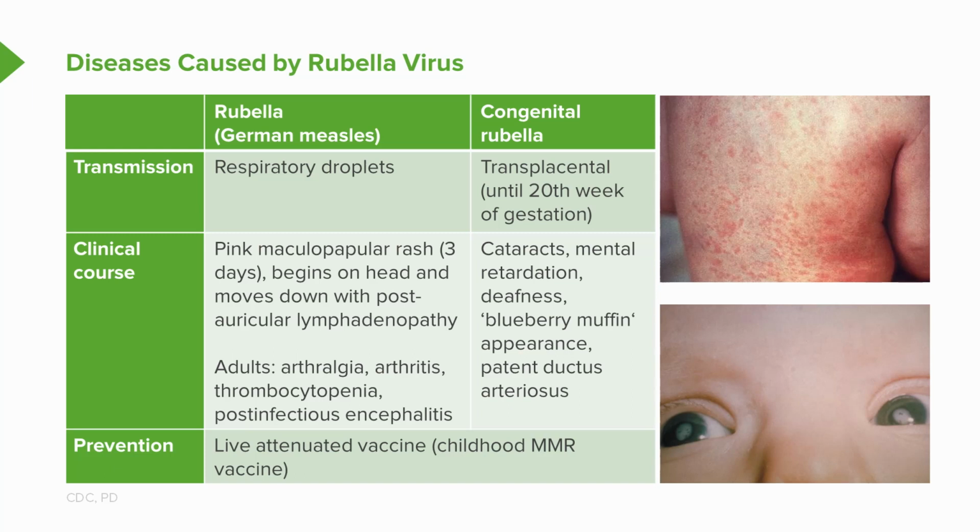So too would be cognitive delay, a mental retardation, and sensorineural deafness, like many other congenitally acquired viral infections, like cytomegalovirus. The blueberry muffin spot is a site of extramedullary hematopoiesis, which is seen in the skin, and these lesions are somewhat raised.